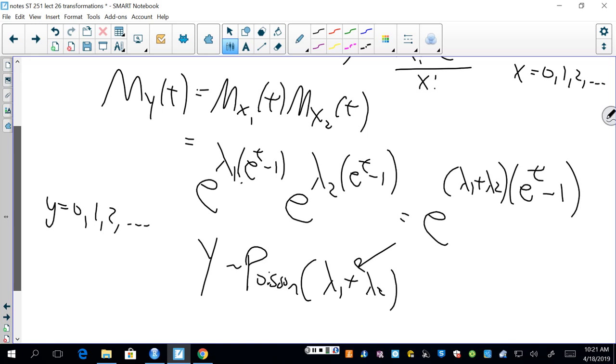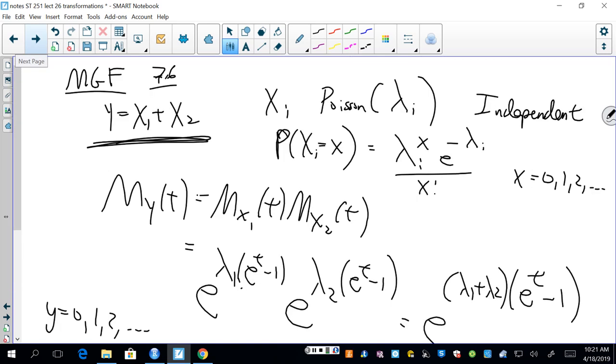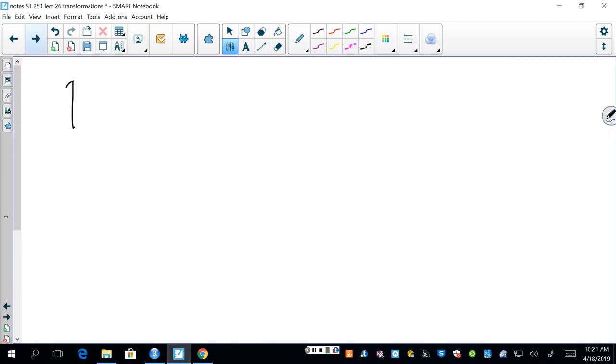If you didn't use moment generating functions, how would you know that it's still Poisson? Something is a Poisson random variable if it has Poisson probabilities. So for our values y being 0, 1, 2, etc., if the probability that y equals one of its values is a Poisson formula all the time, then it's Poisson.